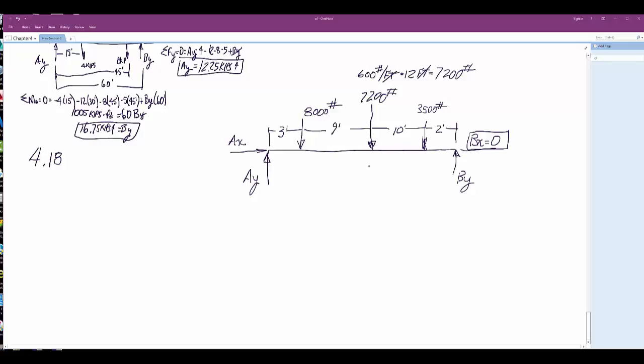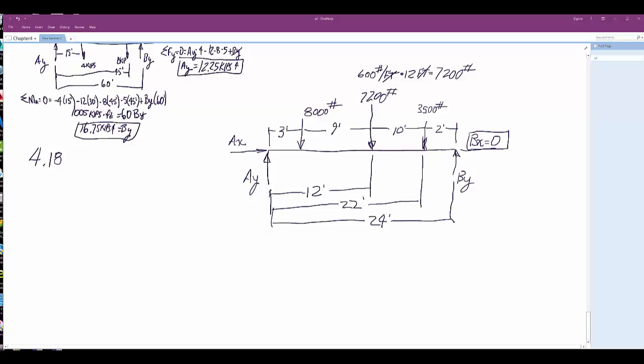Now you could go down here and put that this distance is 12 feet from point A, which would then make this distance 22 feet. And of course 24 overall. This makes it a little bit easier.